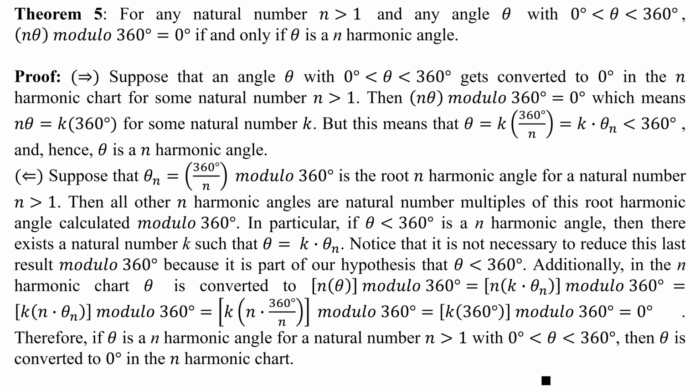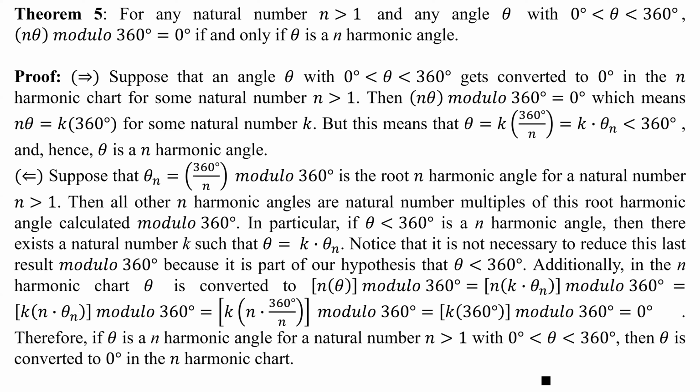Okay, and that is going to be less than 360 degrees. We know that because this is also equal to theta. And part of our hypothesis up here is that theta is less than 360 degrees. All right.